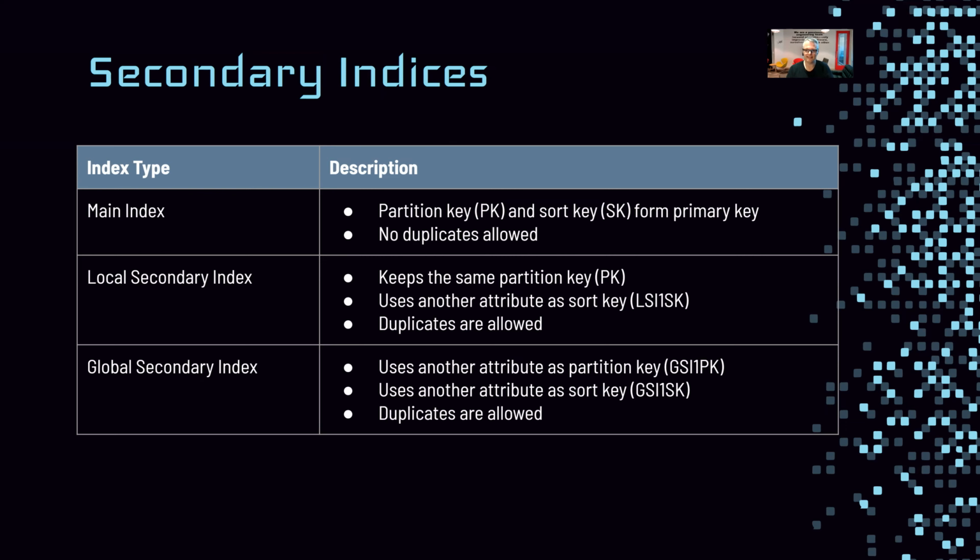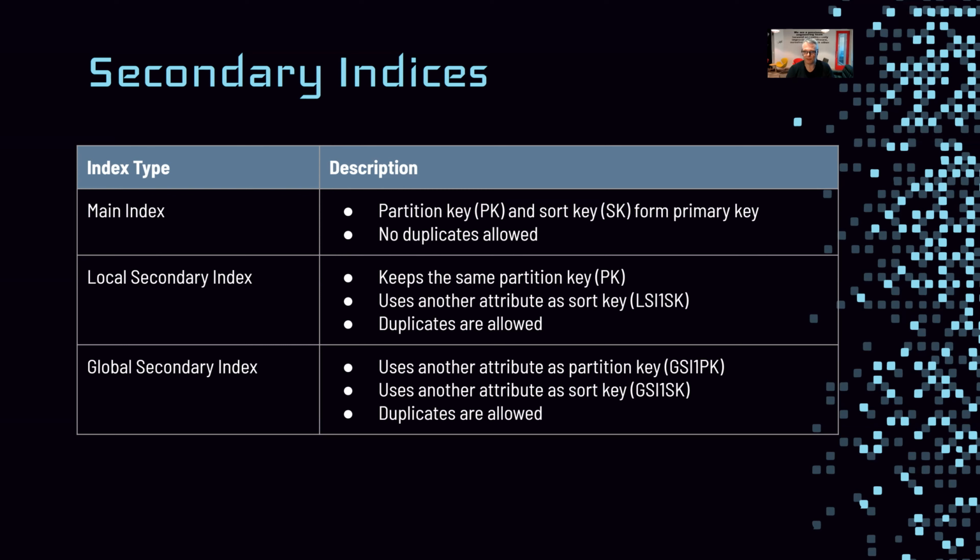Global secondary indices lift that constraint. Any other attribute can become your partition key, and any other attribute can become your sort key. And so, for example, you can swap the sort key and the partition key around. So you have kind of like an inverse lookup mechanism. So it's very, very, very flexible. It needs to have its own capacity provision when it's provisioned for the main table. Otherwise, it's also on demand. Both local secondary index and global secondary index allow duplicates.